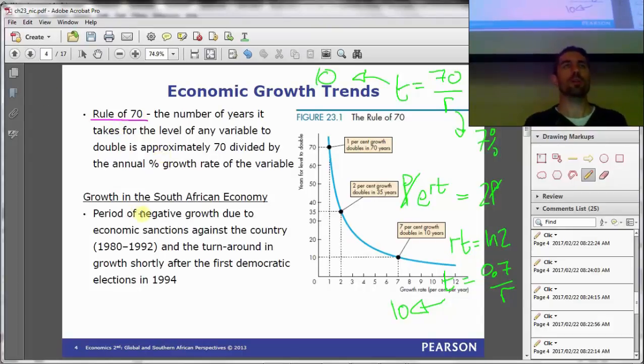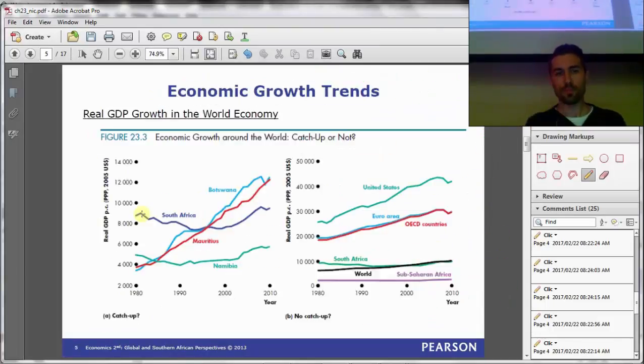What does our growth look like in South Africa over the last couple of decades? We've plotted here South Africa, comparing it to, say, Mauritius, Botswana, and Namibia. Our growth doesn't look that impressive compared to Botswana or Mauritius. What about other high-income countries like the United States, the Euro area? Well, here's South Africa, and here's the world as an average.